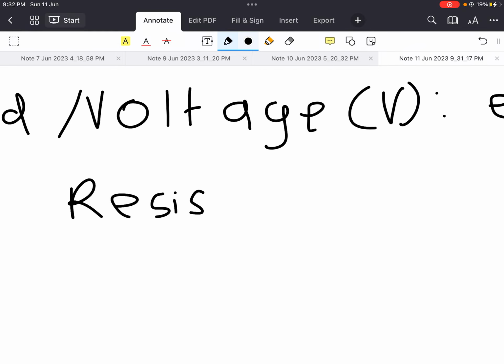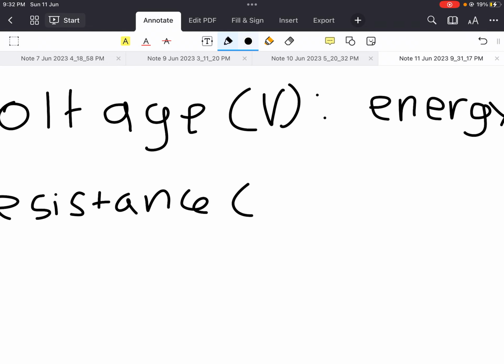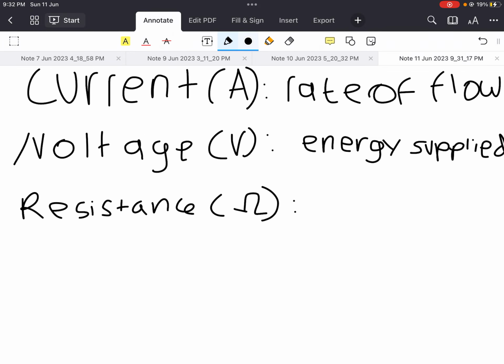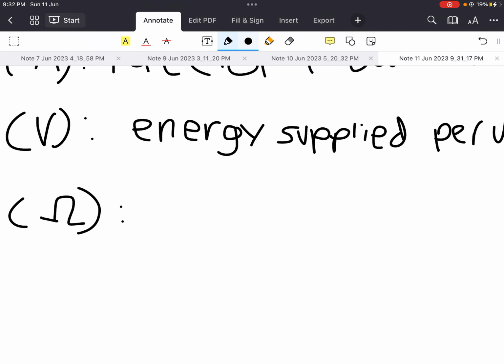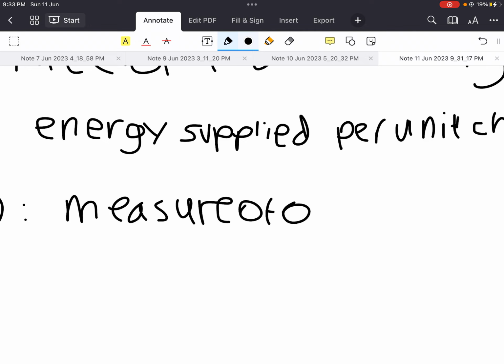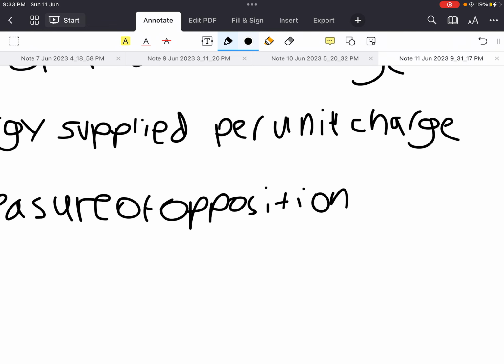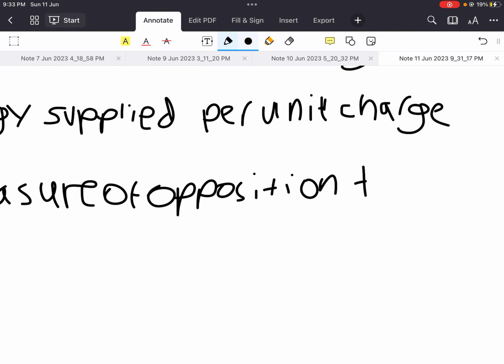And then we have resistance. Resistance is measured in ohms, and it is represented by this omega, I think. Alright? And it is the measure of opposition to current flow in a circuit.